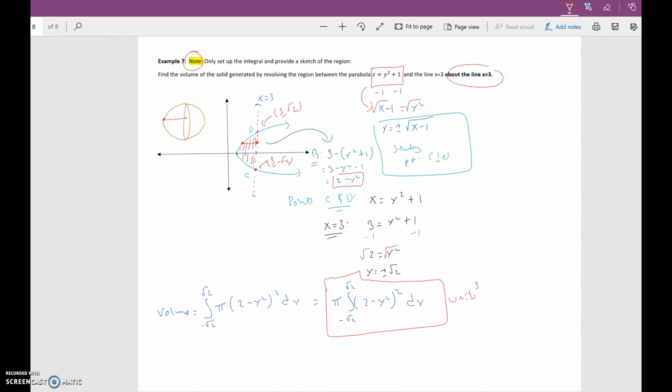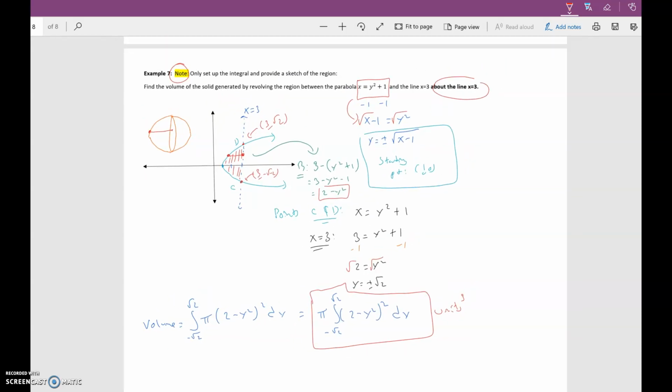So for a messy problem like this, I may just ask you to set it up. This is because this one is equivalent to revolving along the y-axis, except that it's not very clear since they're mentioning x is equal to 3. This portion here could be incorrect if you set it up.